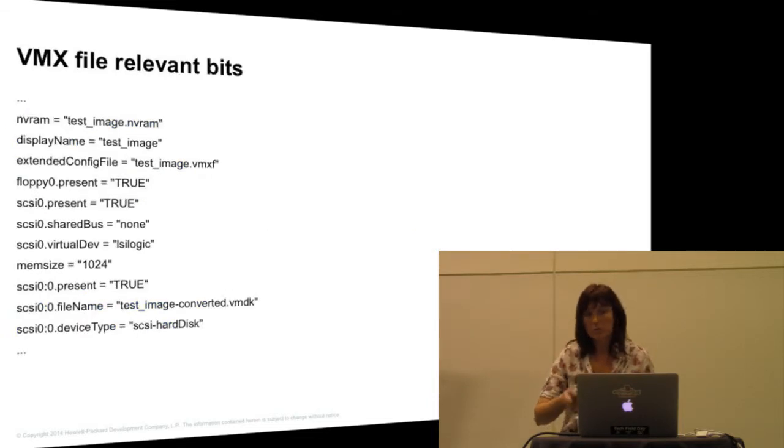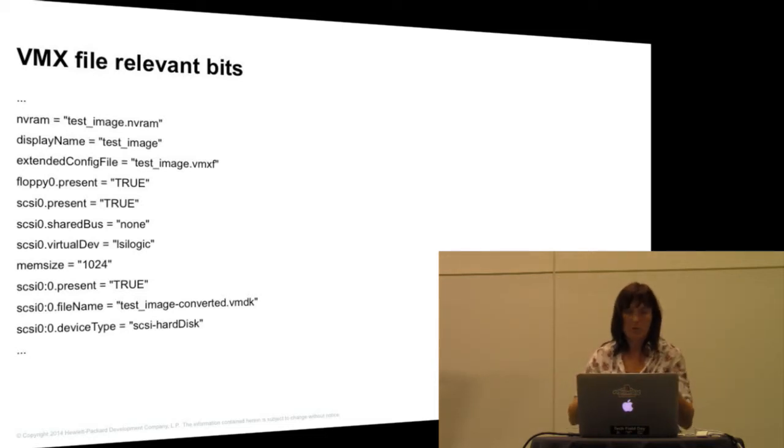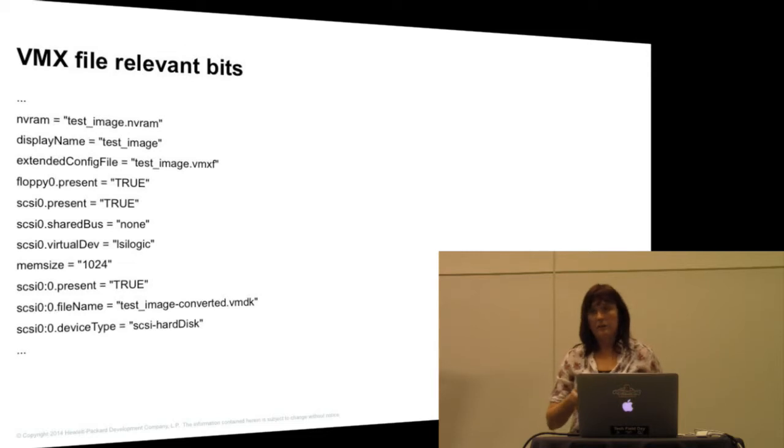So, for example, I'm going to show you a bit of what the VMX file is. It's just a plain text file with a set of settings. Important to have there is to point to the VMDK file that you have generated before. You need to put the correct path there. You need to use a SCSI format to point to the image, because the ESX host will need it.